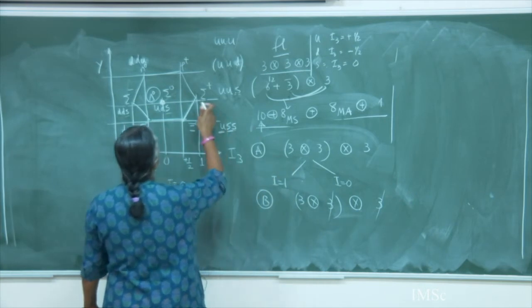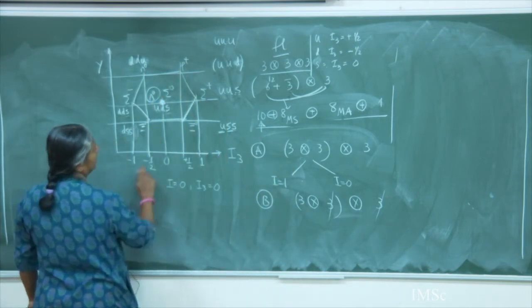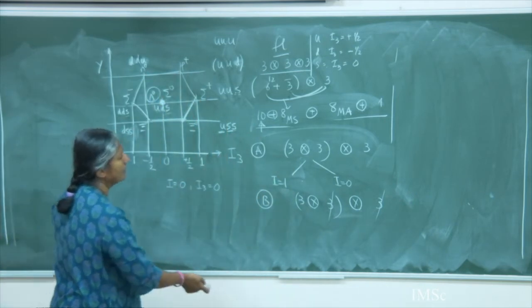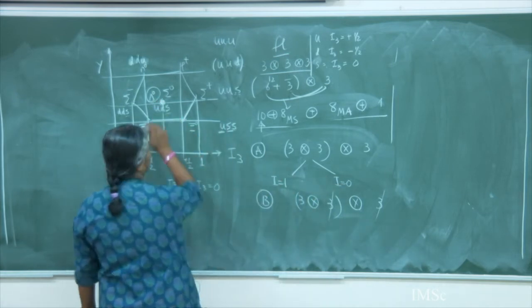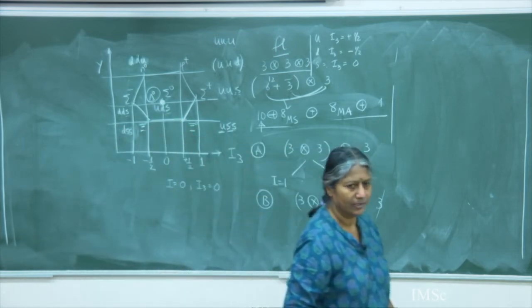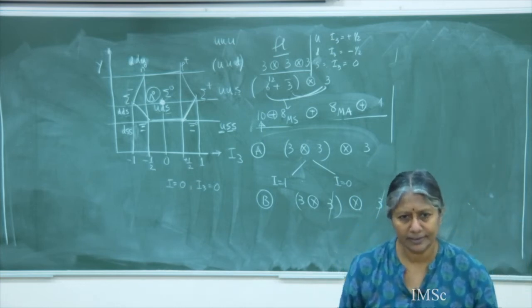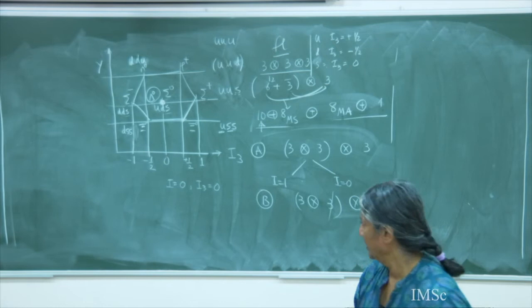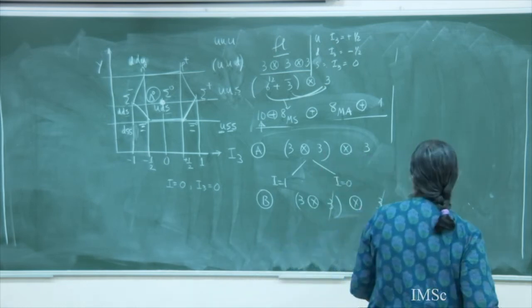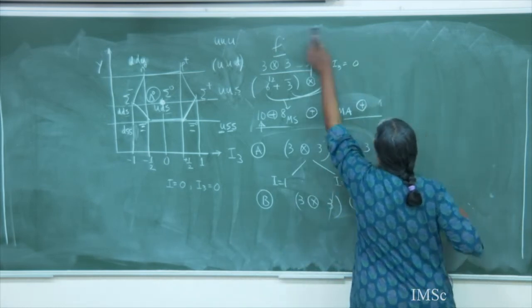When I is equal to half, I3 is half, minus half. Here again half, minus half. And when I is equal to 0, I3 is equal to 0. That's all. There are no more states. So we have counted them one by one in order. Is it clear? Okay. Good. Okay, very good. I hope no one is speaking, means they have understood.